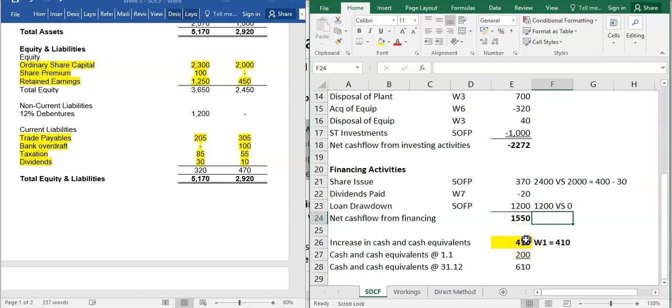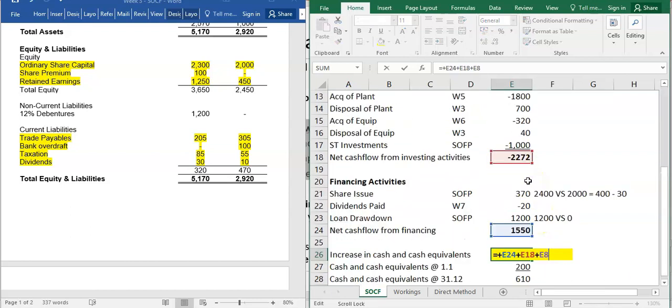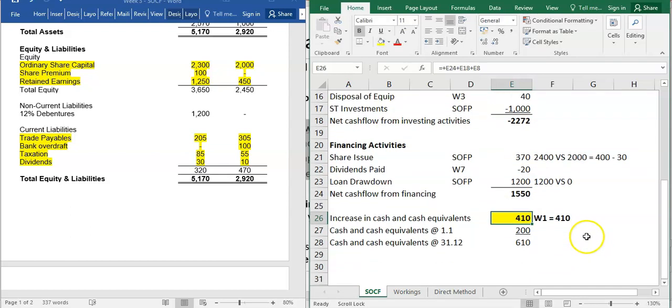And thankfully, as we can see, when I add up my operating activities, my investing activities, and my financing activities, I get to the good answer of 410, which I have proved at the start, and you should do in the exam, what the net movement in cash and cash equivalents are from the opening to the closing position.